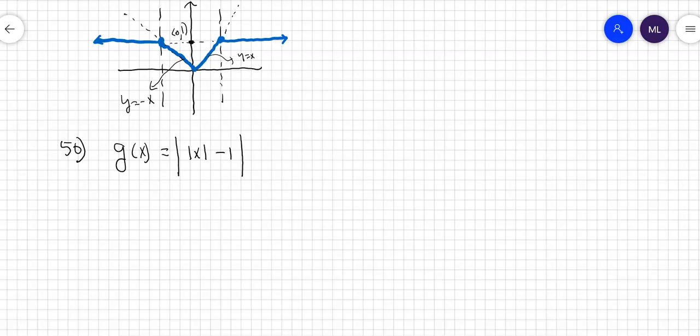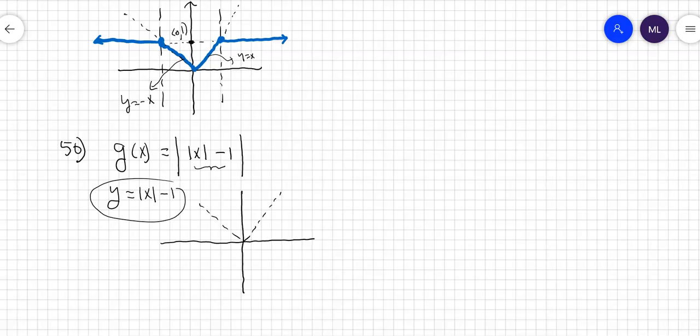So now let's do this one first. If I call y equal absolute value x minus 1, what does this look like? The graph of this one is simply this, the absolute value. Now you're going to move this absolute value 1 unit down, like this.